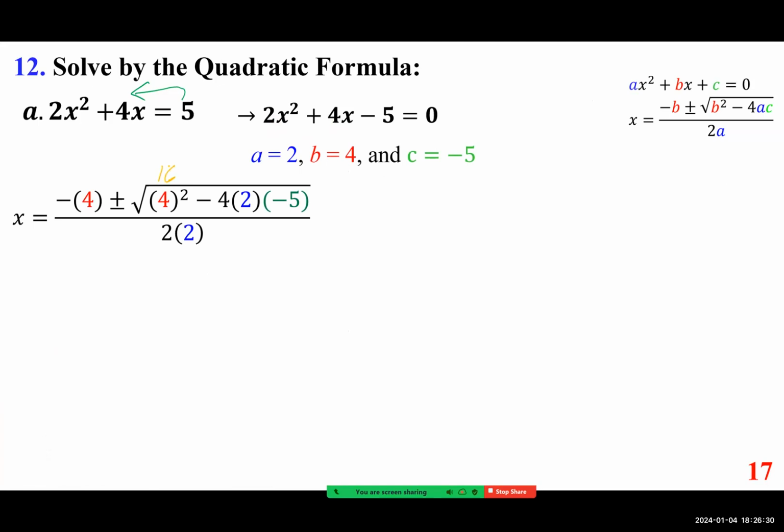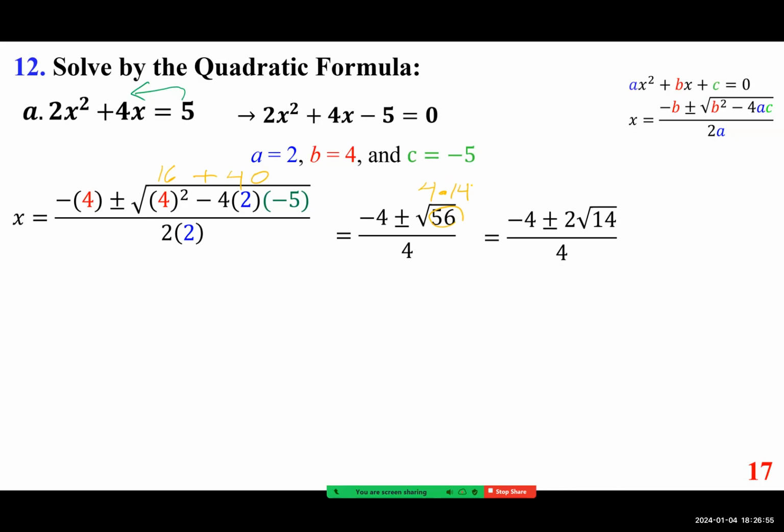16. And then it's plus 40, makes it 56. 56 is the product of 4 and 14. So the 4 comes out as 2.